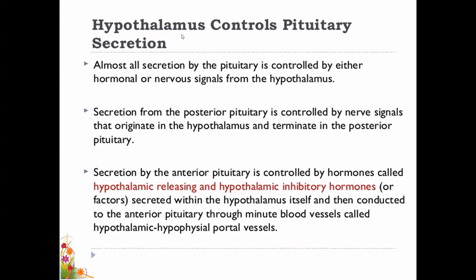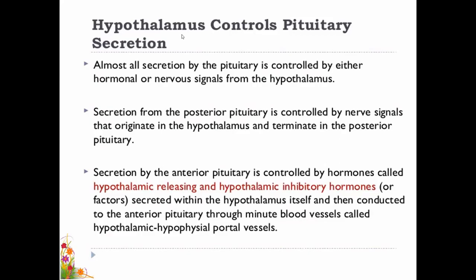Okay, the control of the secretions from the pituitary gland depends completely on the hypothalamus. The hypothalamus controls the release of hormones through either nervous signals or hormones. The release of hormones by the posterior pituitary gland is controlled by the nervous signal of the hypothalamus.